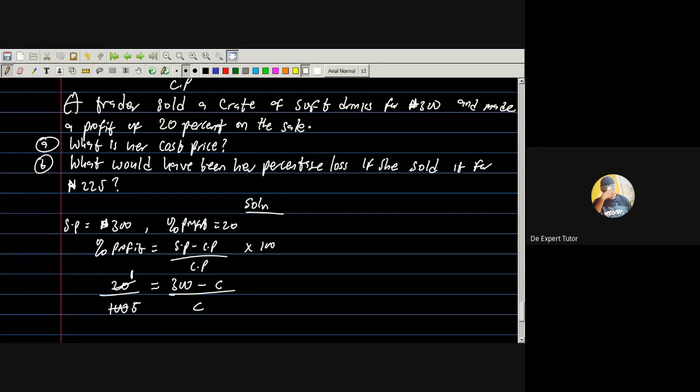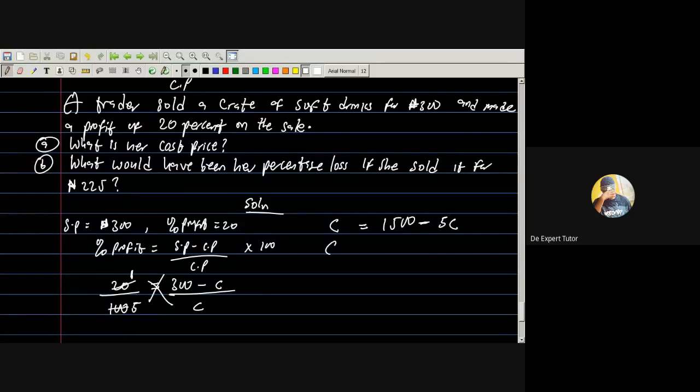So what will you now do from here? You will now cross multiply. C times 1 will give me C, equal to 5 times the whole of this. Don't forget, 5 will multiply those two numbers. 5 times 300 will give me 1,500, minus 5 times C will give me 5C. So from here, minus 5C will come here.